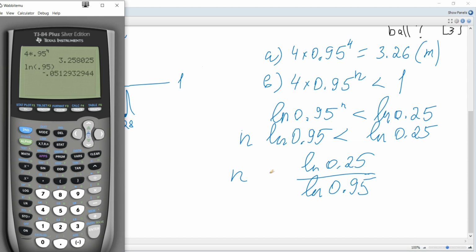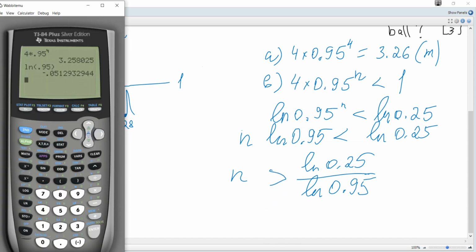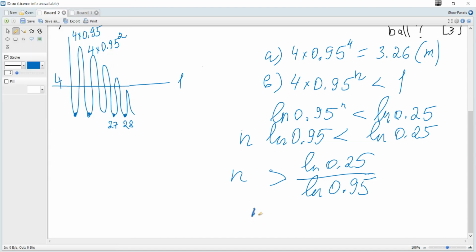So it becomes that n is greater than ln of 0.25 divided by ln of 0.95. And you can see that we get absolutely the same result.